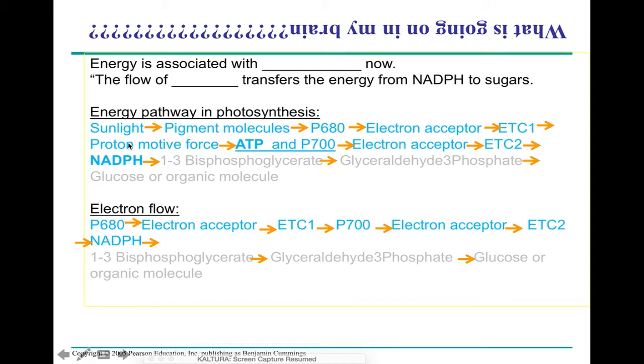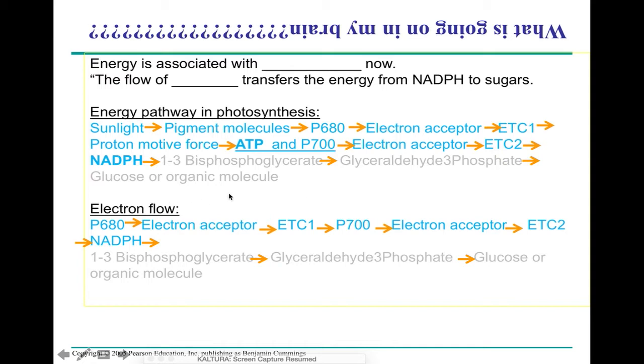And remember, we are talking about energy here, so it is converted into proton motive force and will make some ATPs, but the energy process does not stop there, because energy coming from sun will also energize the P700 pair of chlorophyll molecules in photosystem 1 and electron transport chain 2, and finally energy through energized electrons is given to NADPH, which will be finally given to glucose through Calvin cycle.